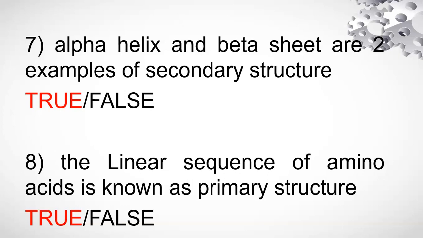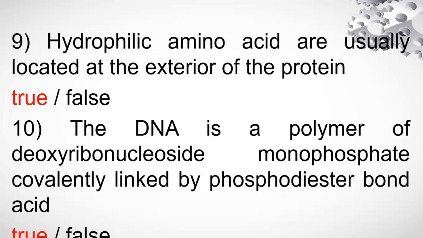So here we have question number 8. The linear sequence of amino acid is known as the primary structure. That's true. Primary structure, the linear sequence of amino acid. Now here we have question number 9.